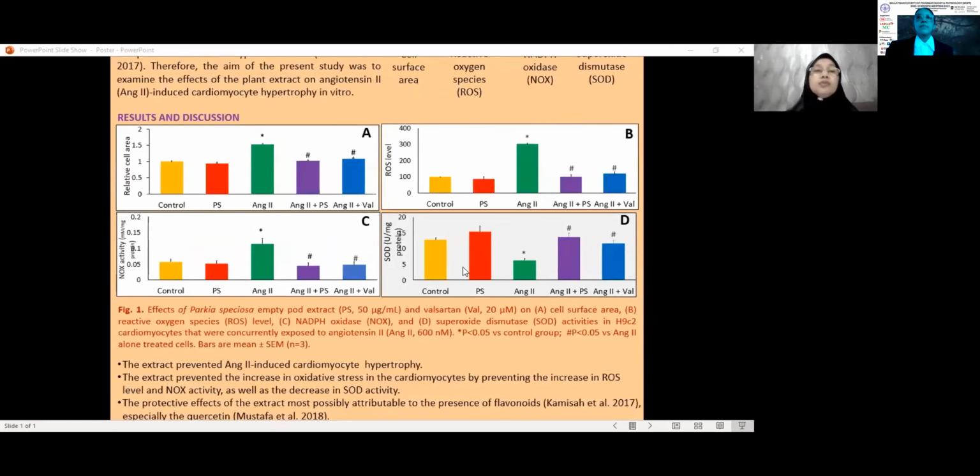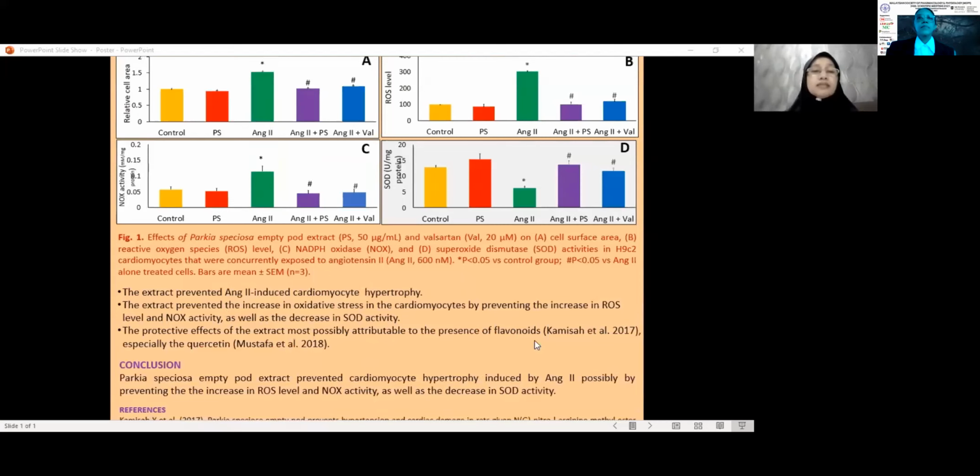We found exposure to angiotensin II increased cell area, ROS level, and NADPH oxidase activity, while it reduced SOD activity. Concurrent treatment with the plant extract or valsartan prevented the detrimental effects of angiotensin II.